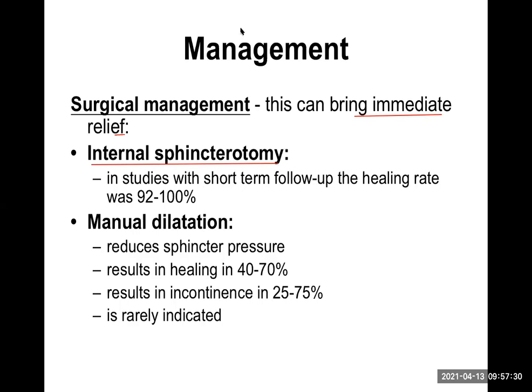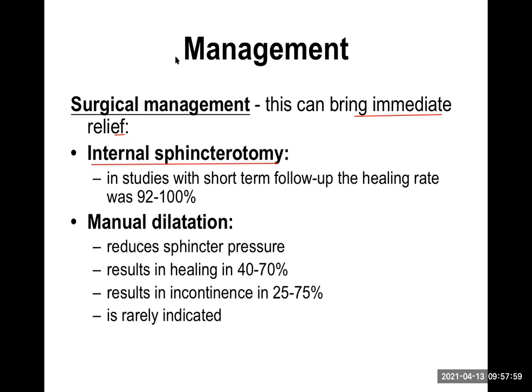We cannot cut the external sphincter, because the external sphincter is the main control there, it's a voluntary control. But if we divide the internal sphincter, then the passage of the stool will be easier. Studies show that the healing rate was 90 to 100% after internal sphincterotomy. So this is a good type of treatment here.